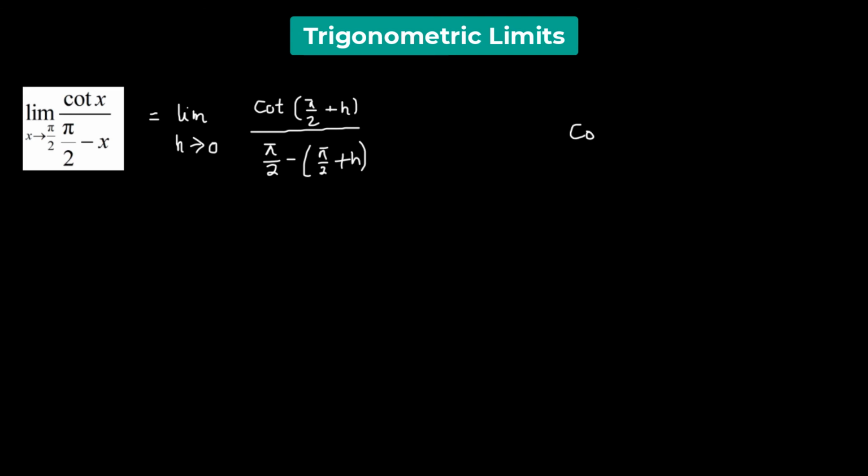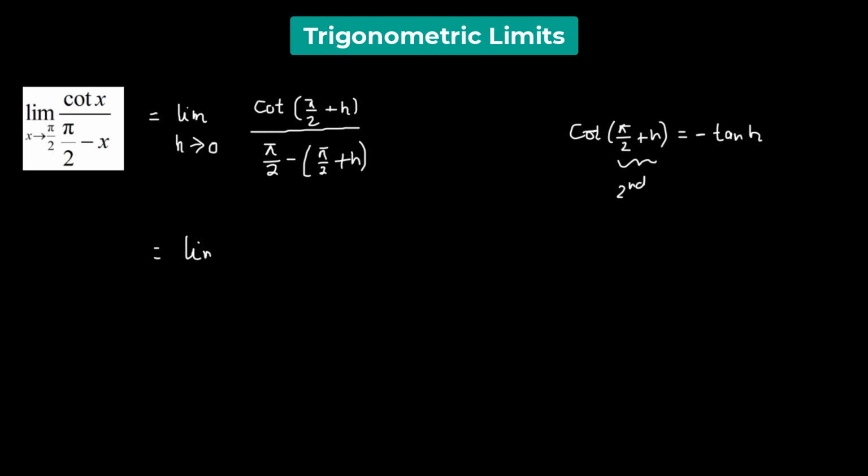We know that cotangent of pi over 2 plus h is going to be equal to tangent of h. Now we know that this is in the second quadrant. So in the second quadrant, the tangent and cotangent functions are negative. So we have negative tangent of h.